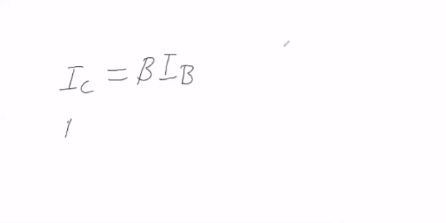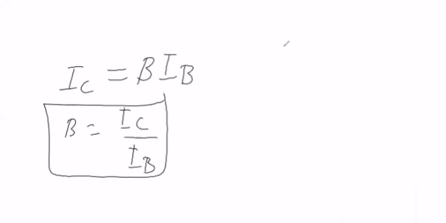So beta can be written as IC over IB. This beta is the current gain.